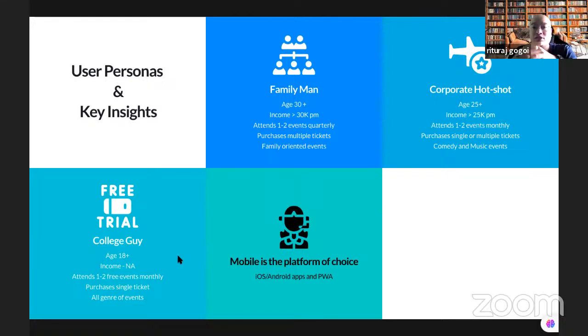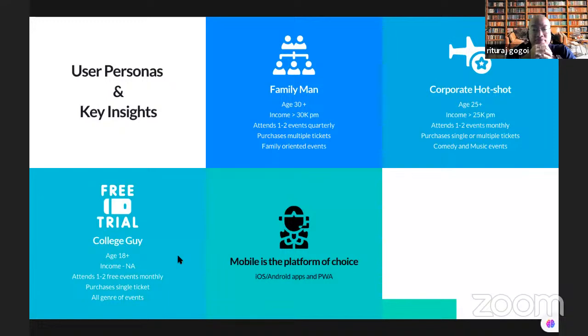So mobile was the platform of choice for all of our user personas. That was a key insight, and it was all across iOS, Android, and even the M site.